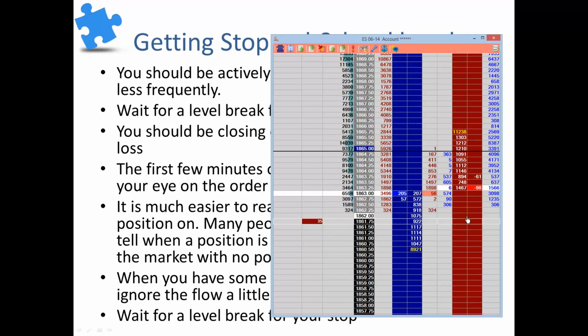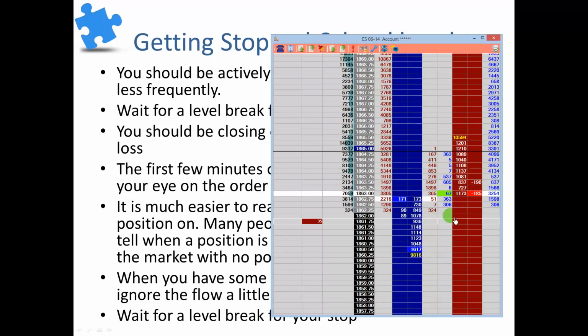I know sometimes somebody's just going to hit that with 1,000 and it's going to go straight through. So sometimes you're going to lose an extra tick when you're doing this, but most of the time you're going to be okay. And a lot of the time you'll actually come down to where your stop is, you'll see a bunch of contracts trade, it holds, and then it goes back up and it effectively saves your trade.